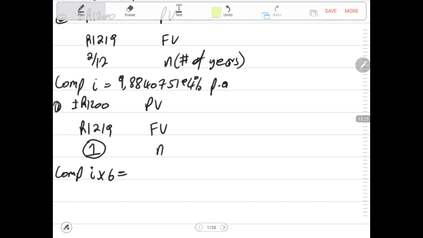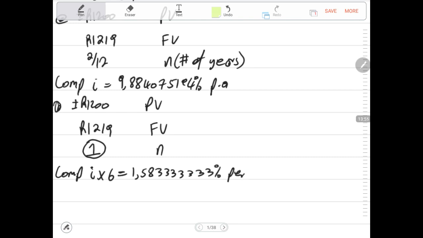So now let us do the calculation, and again I'll be using my manual calculator. It will say plus minus 1,200. We press present value 1,219 rand, press future value 1, you press N, then you say comp or compute, then you press I. Then the answer that you'll get will be 1.58333333%.